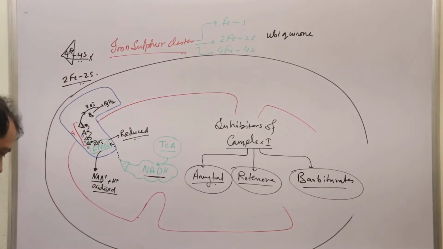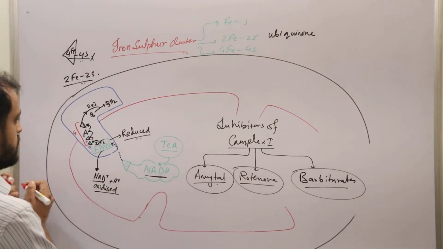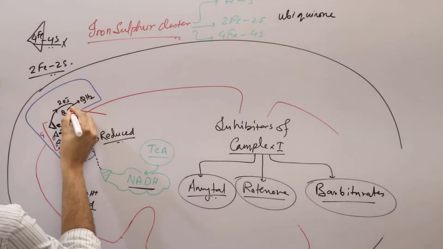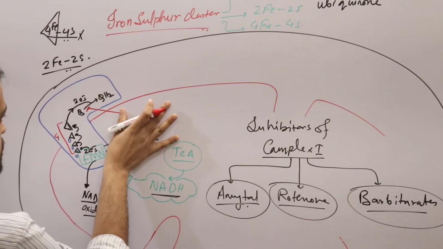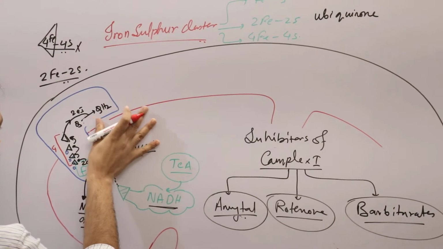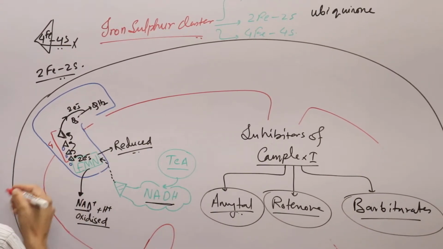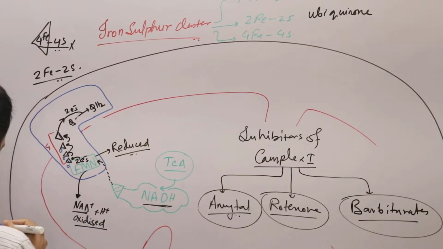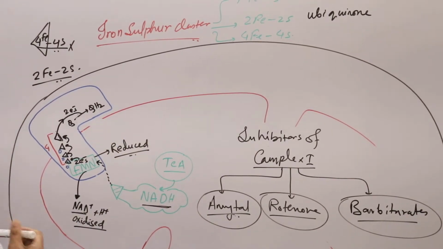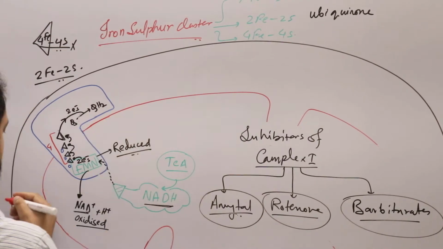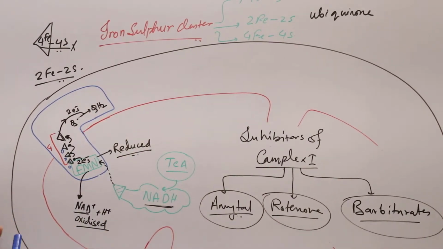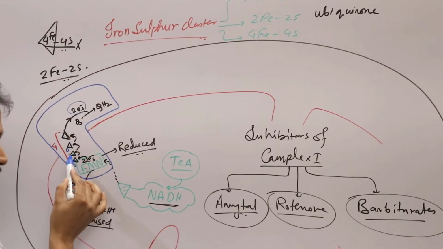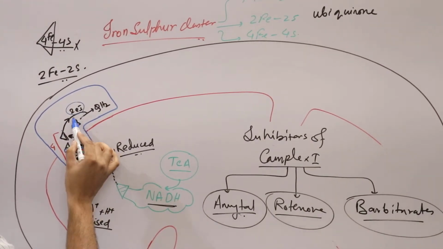That is, they inhibit the transfer of electrons from the 4 iron sulfur cluster to ubiquinone.